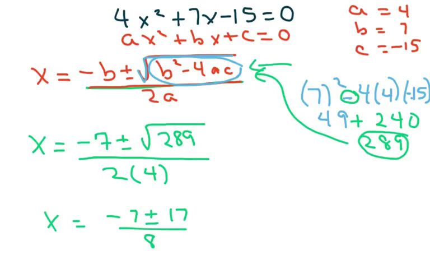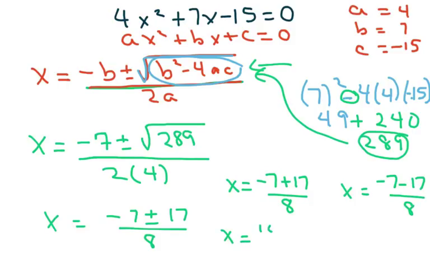Now, at this point, I have 2 solutions here, so I'm going to take the plus part. So x equals negative 7 plus 17 over 8, and x equals negative 7 minus 17 over 8. So this is going to be x equals 10 over 8, which is 5/4.